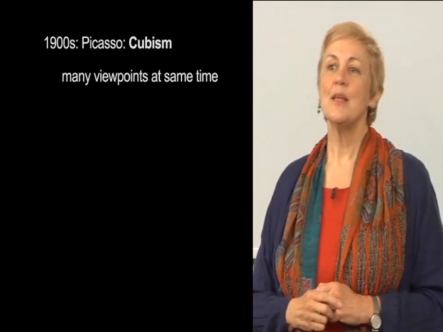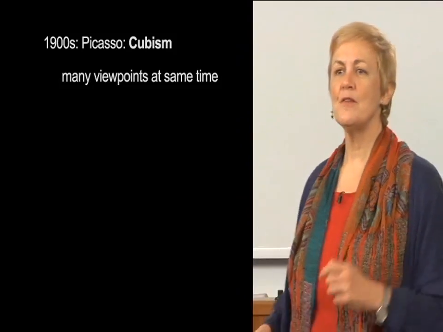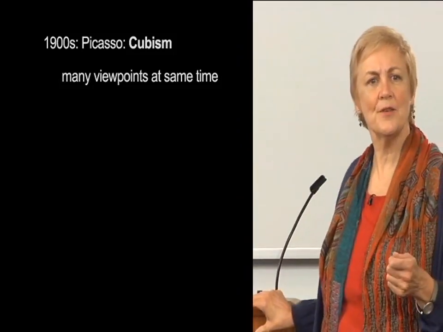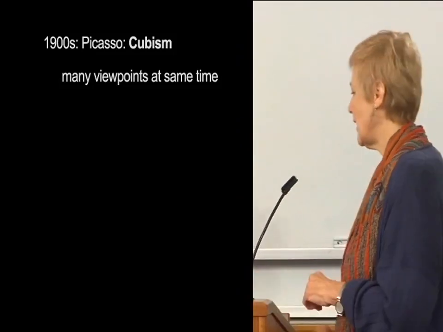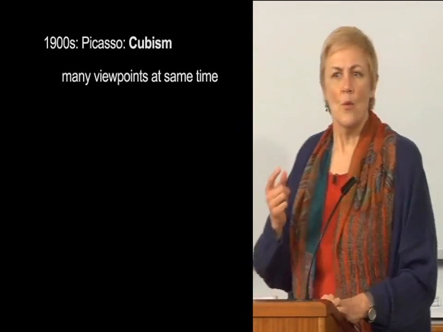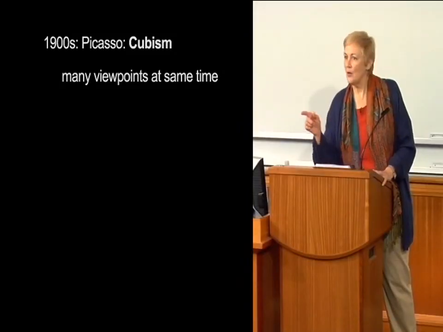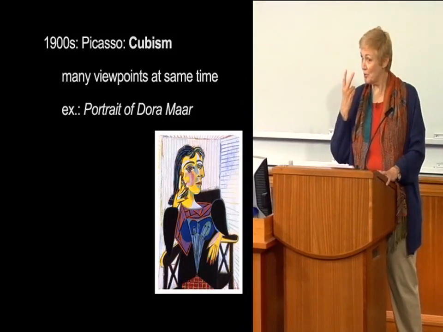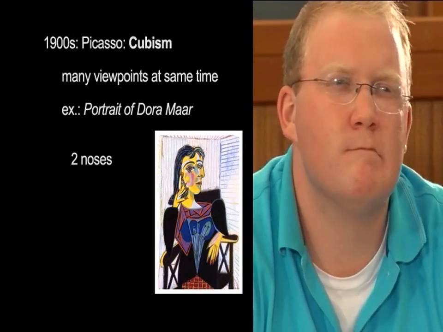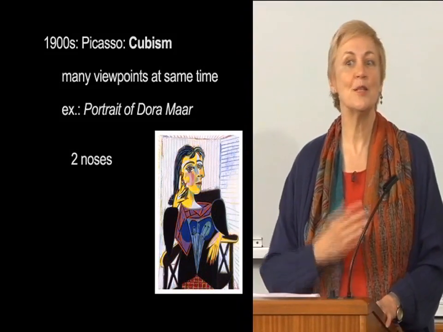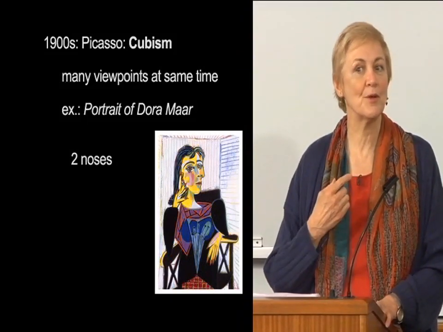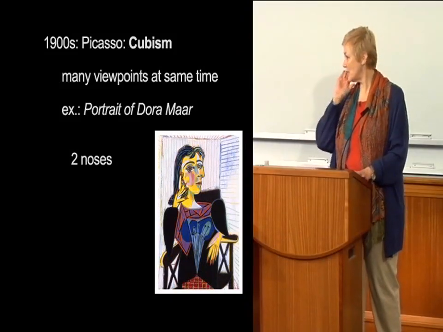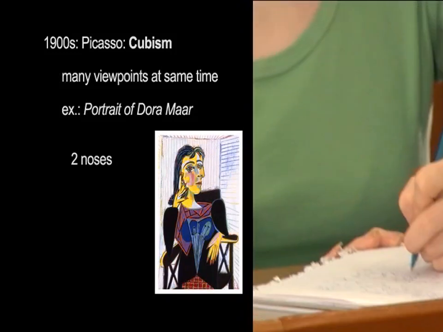A portrait that Picasso painted of photographer Dora Maar in 1937 demonstrates this style. When you look at this painting called The Portrait of Dora Maar, it looks like Dora has two noses. But in fact, Picasso is presenting two views of Dora's face, one from the side and one from the front.